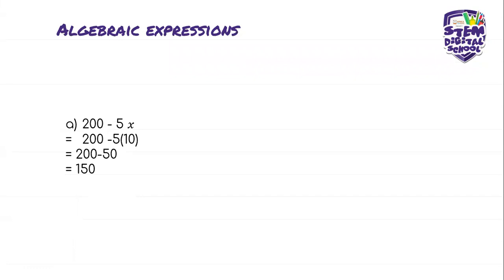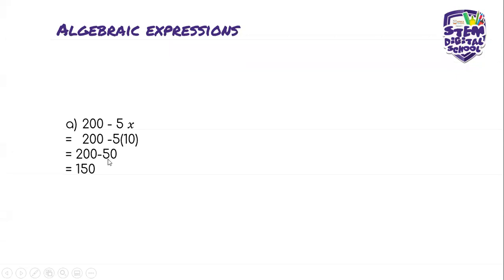Now the expression will be as follows: 200 minus 5x, where there is x, we have now put 10. So you open the bracket, put 10 and close your bracket. This means you are now going to multiply 5 by 10. So remember, 200 and then minus 5 times 10, which is 50.